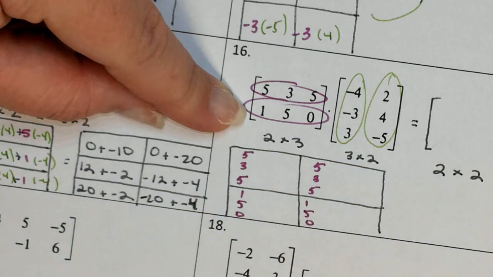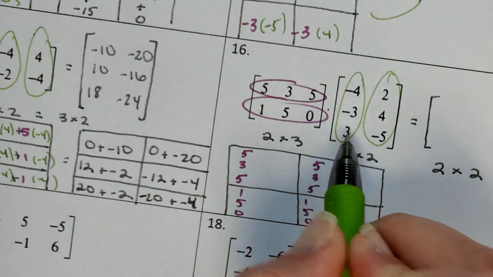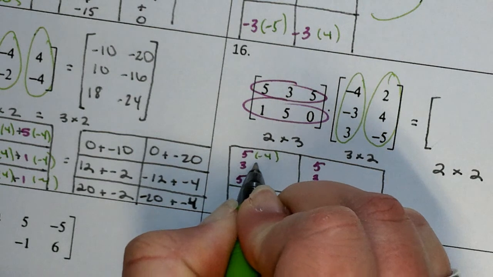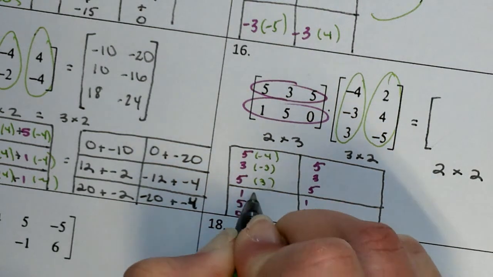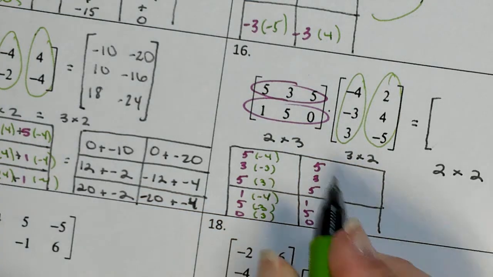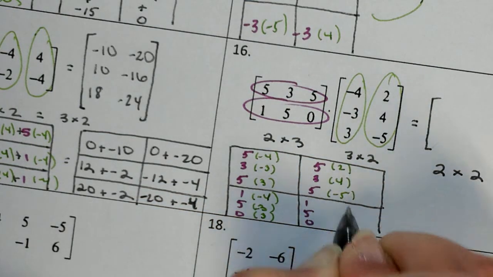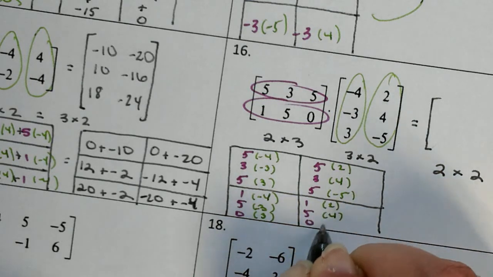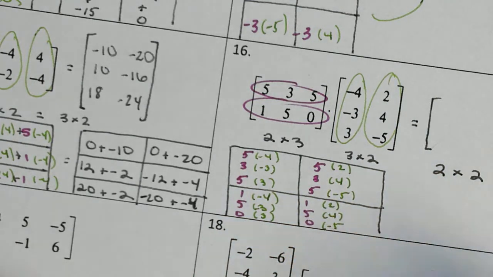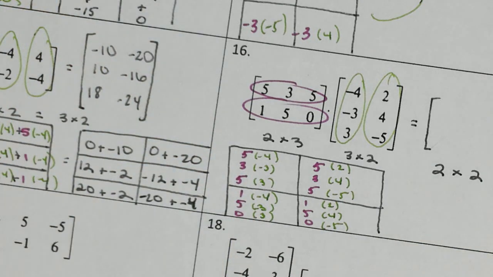Okay. In that first column, you have the numbers -4, -3, 3. And in the second column, we use numbers 2, 4, and -5. You guys did the setup already for this. Raise your hand if you were able to come up with that setup when I had you guys try these on your own.